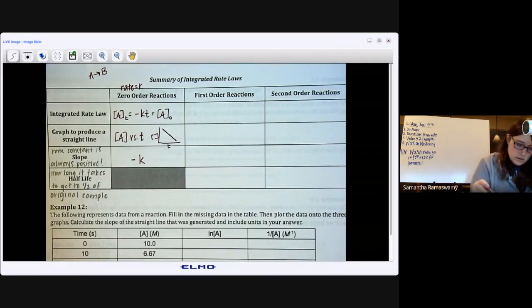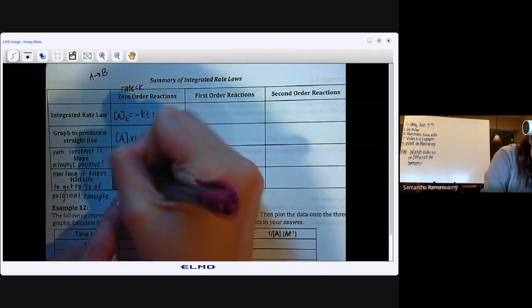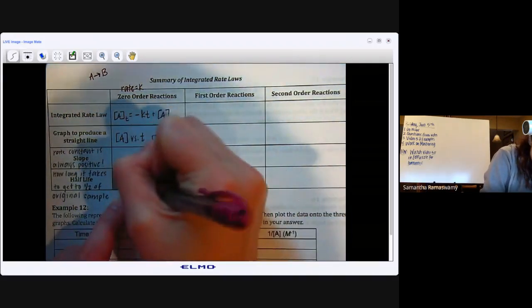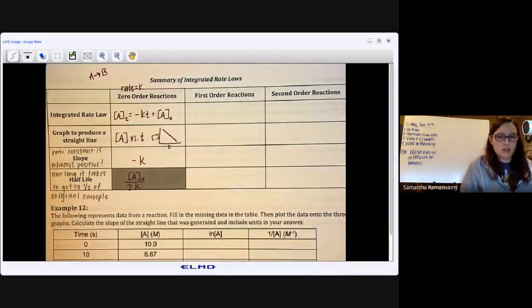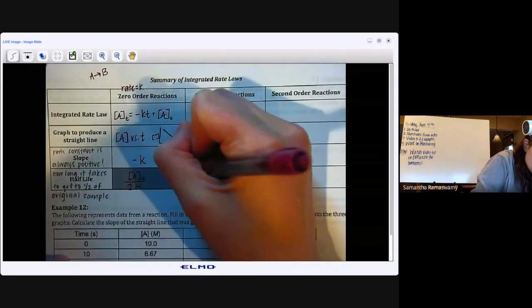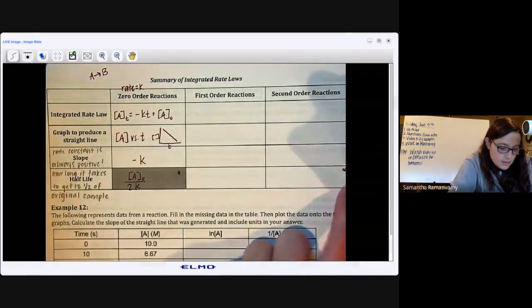Now, the half-life equation for a zero order reaction is the initial concentration divided by 2 times the rate constant. Now, I'm going to put a star in each of these because the star indicates that these are not tested.